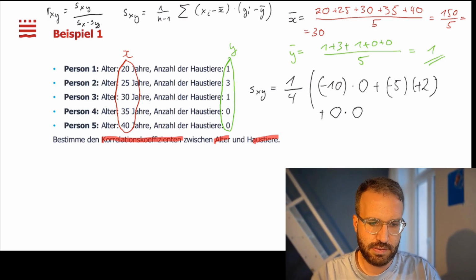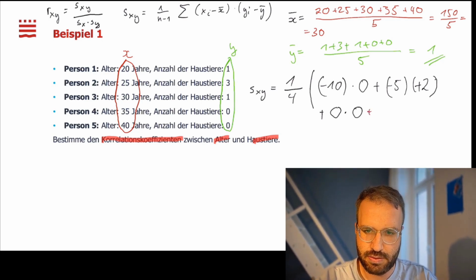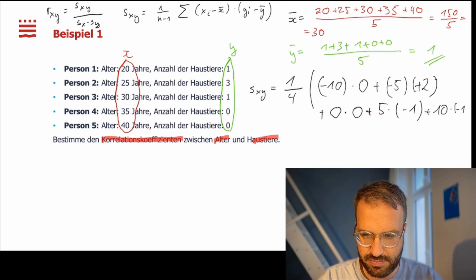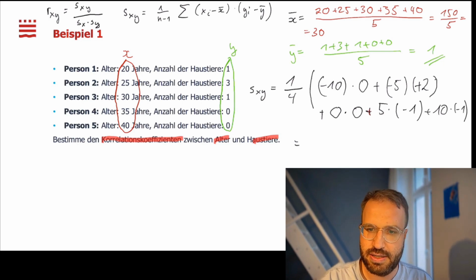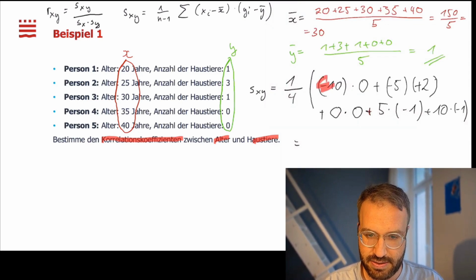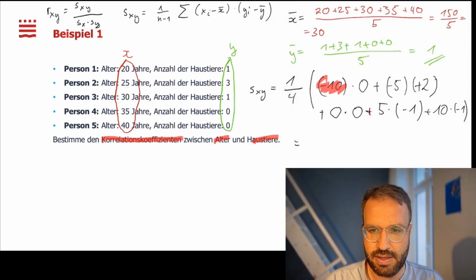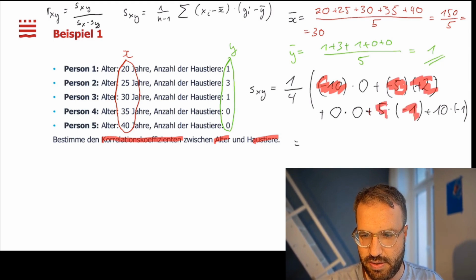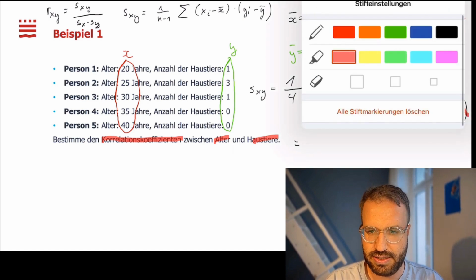Then we have 35 and 40, so that is 5 times minus 1, and then plus 10 times minus 1. And what we see here now, let's take a quick look again, is that we only have negative signs. So we have here 10 times 0 is 0, but then we have minus 5 times 2, we have 5 times minus 1, and 10 times minus 1, which means we have all negative components here.